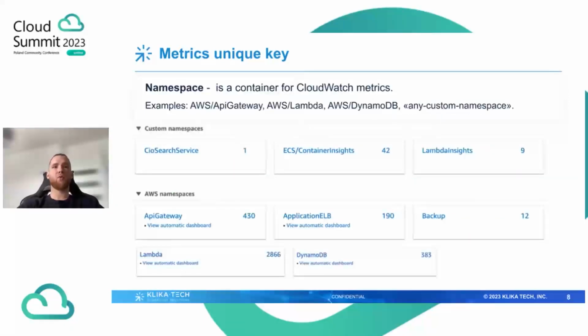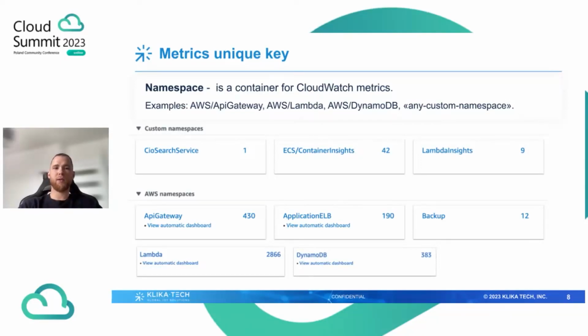Moving on to the next component of metric uniqueness, let's explore the metric namespace. Metric namespace is an important aspect of CloudWatch, as it allows you to organize and group metrics by service, application, or any other logical grouping that makes sense for your monitoring needs. The namespace is a container for the metrics and can be thought of as a grouping mechanism.